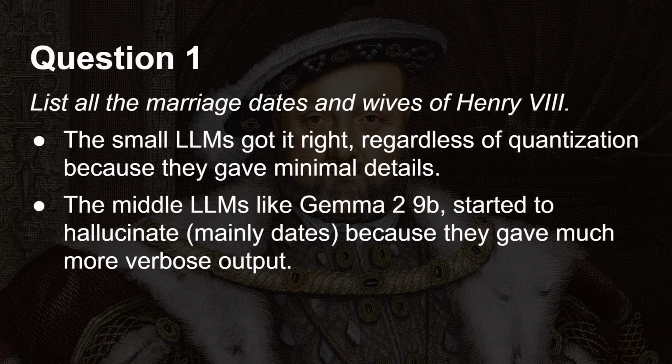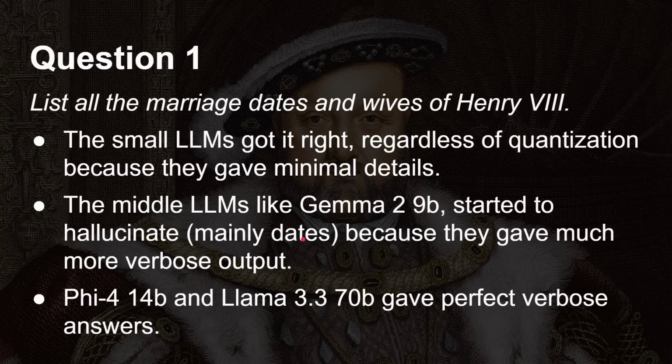They gave out too much information. They started to list who their children were, or if they had children, or what the cause of death was, all this kind of stuff. And when they started to do that, they did start to hallucinate, and some of the dates were wrong. You might list a child and then add a second child that wasn't a result of that union, and so on. So they had a bit of a problem.